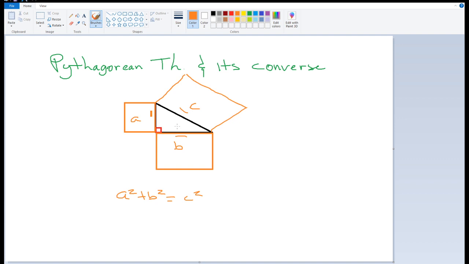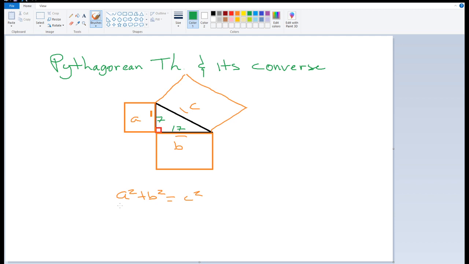With that, we can find the missing measure of any side as long as we have at least two sides. Later in the chapter, when we get to trig, we'll be able to find measures with only one given measure. Let's look at one example. Let's say one of these legs is 7 and the other leg is 17.